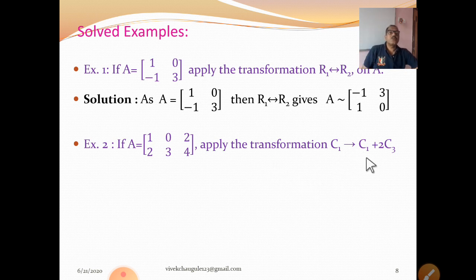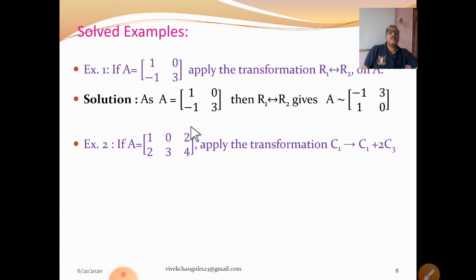C1 changes to C1 plus 2 C3 means that the change is only in the first column. We multiply the third column by 2, and that multiplication is added to the corresponding element of the first column. This is the first column, this is the second column, this is the third column.